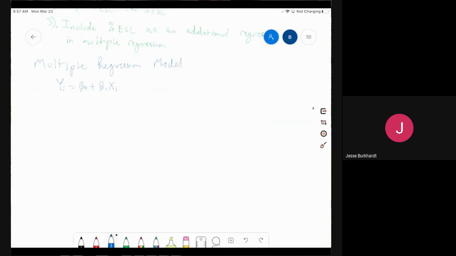Now we need to add a 1 on this x_i because we're going to have 2 or more included regressors. I promised we were going to do this before break. Plus beta 2 x_2i plus u_i. We could have more than 2 x's, but in this case, we're going to start with 2.